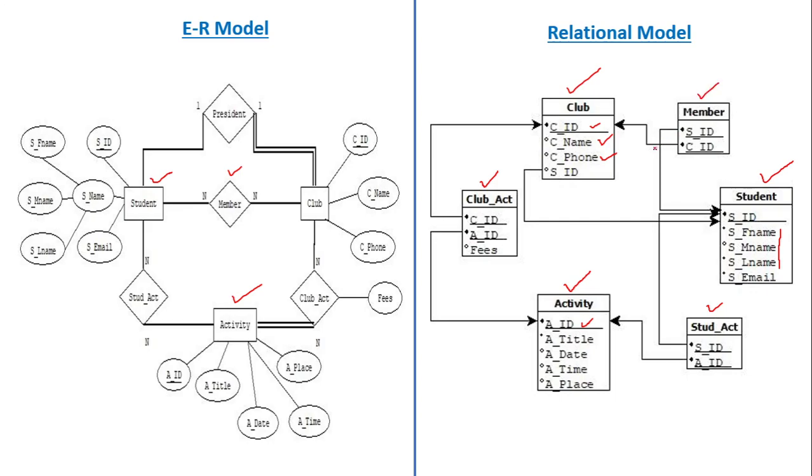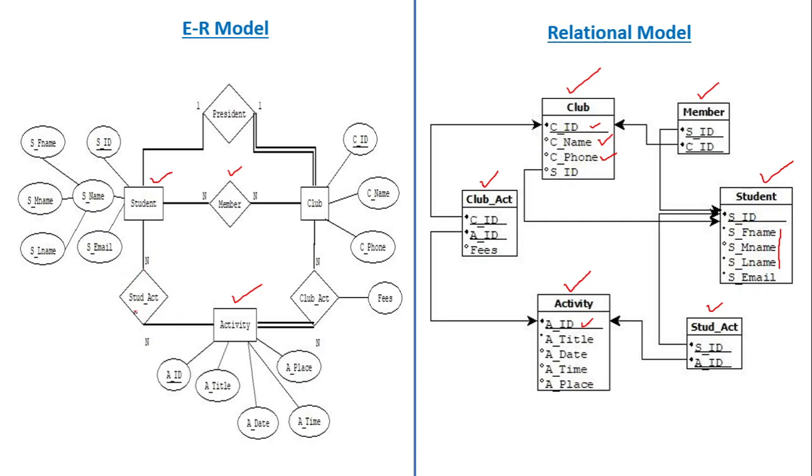Okay, now what about the attributes of these tables? Obviously, as per the rules, the relationship set table will have the attributes from the participating entity sets, or the primary keys of the participating entity sets will form the attributes of the relationship set.